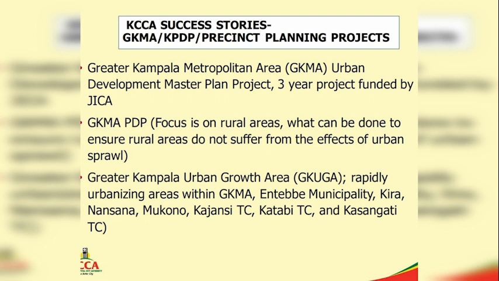The Greater Kampala Metropolitan Area Urban Development Master Plan Project is a 3-year project. Under it, we have the Greater Kampala Metropolitan Area Physical Development Plan. Remember, when I started this lecture, I told you that we are not only looking at KCCA, but also at what is happening outside, in Mukono, in Wakiso, and in Mpigi.